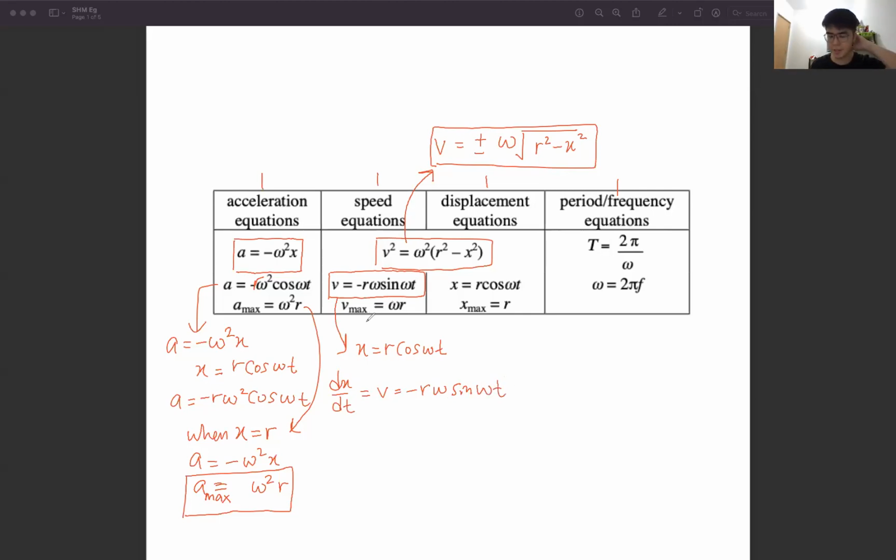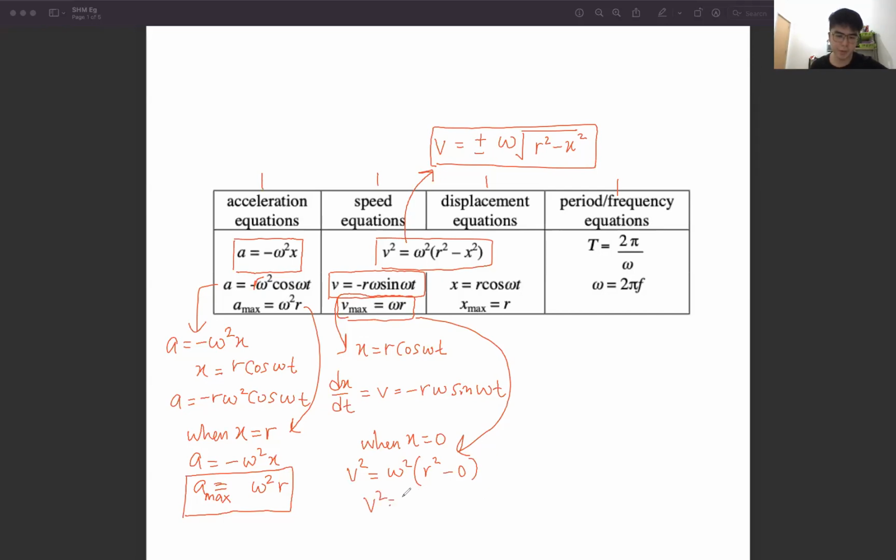What about the Vmax? The maximum velocity occurs when the displacement is 0 at the center. So when x equals to 0, you put it in the equation, v square equals to omega square r square minus 0.